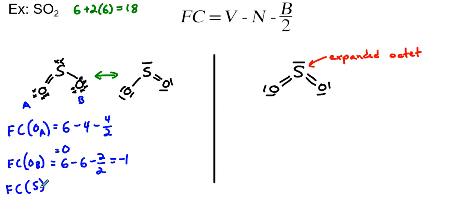I don't need to label it differently because there's only the one sulfur. Sulfur has 6 valence electrons. In this case, it has 2 non-bonding, and it will have 6 bonding electrons, and it's in charge of half of those. So 6 minus 2 is 4, minus 3 is 1.